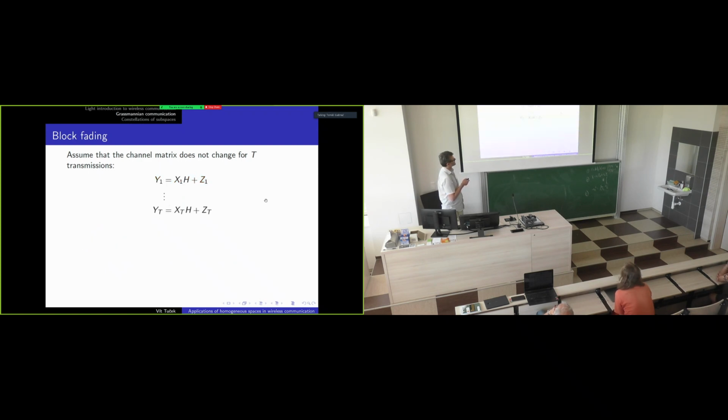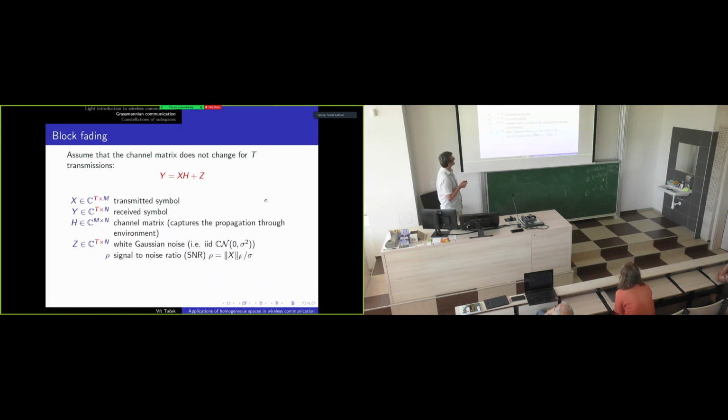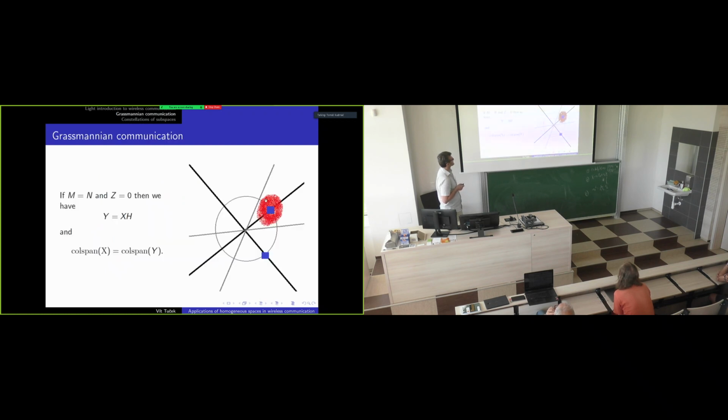So imagine that x1 up to xT are row vectors, right? We have basically the same equation, but this time we are considering T by M matrices and T by N matrices. And we replace the norm of the vector x with the Frobenius norm of the matrix X. The basic idea in this situation is that if we have no noise and we have the same number of antennas at the transmitter and the receiver, then the equation looks like this.